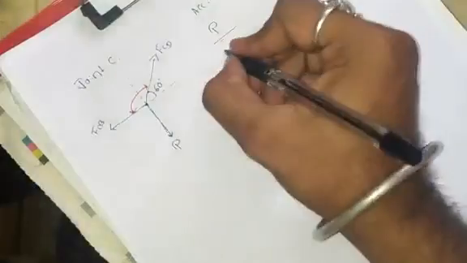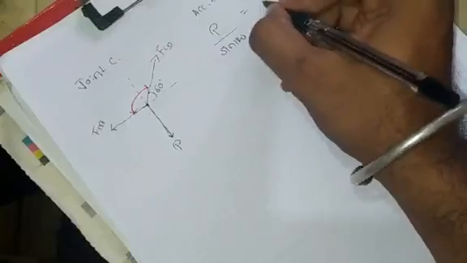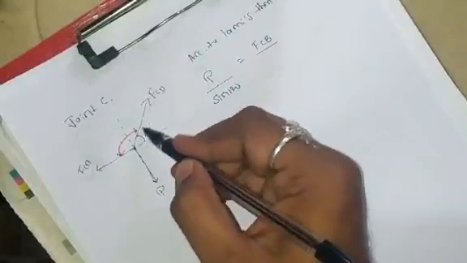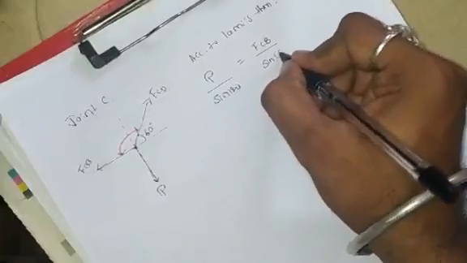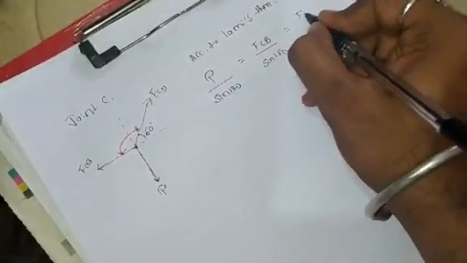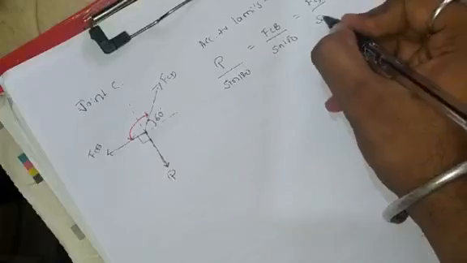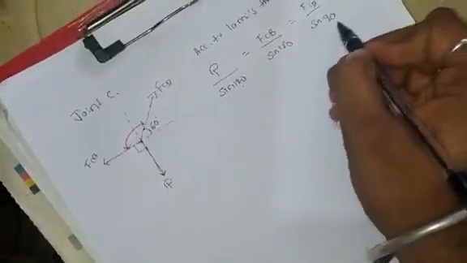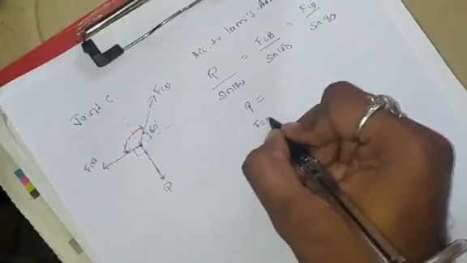So P over sine 120 is equal to FCB, or you can say FBC, both are right, over the sine of the angle between the other 2 forces, 90 plus 60, sine 150. That is equal to FCD over sine of the angle between the other 2 forces, that is 90. Check: 120 plus 150 is 270, and 270 plus 90 is 360.